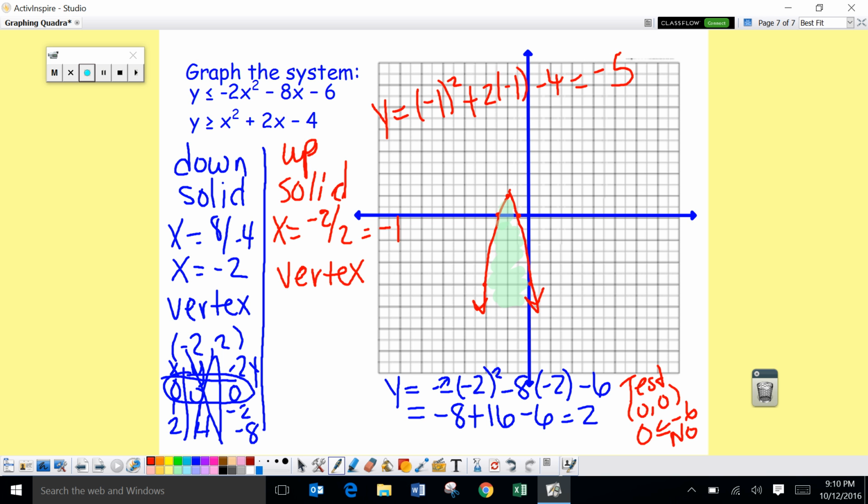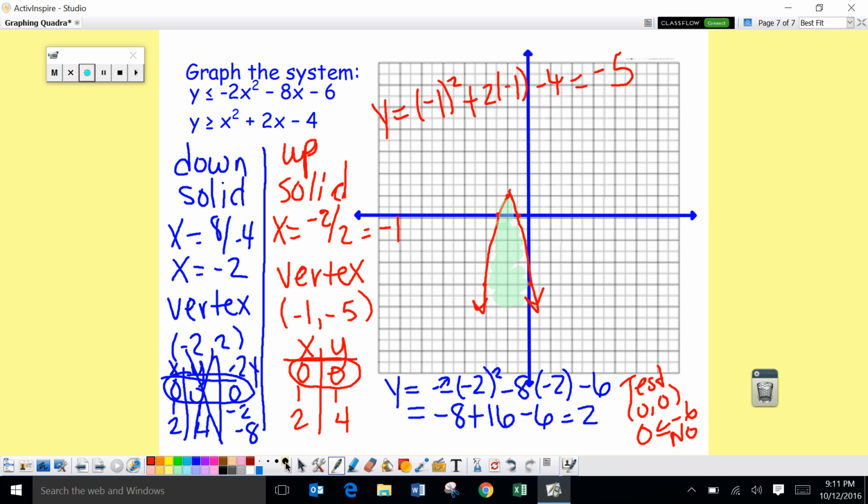Minus 4 is negative 5. So our vertex is at negative 1, negative 5. We'll make our parent function table at 0, 1, 2, 0, 1, 4. We do not need a third column because the leading coefficient is 1.